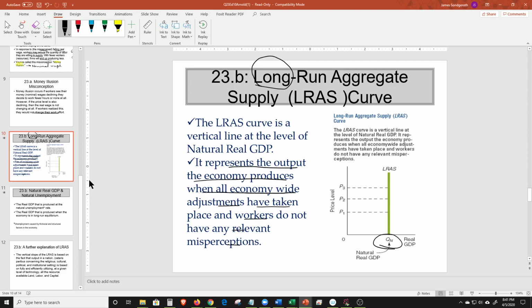And our textbook calls this Q sub n, the natural real GDP, or what I'll call it is the full employment level of real GDP. Okay, that's a full employment level.